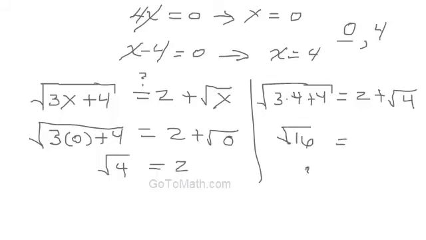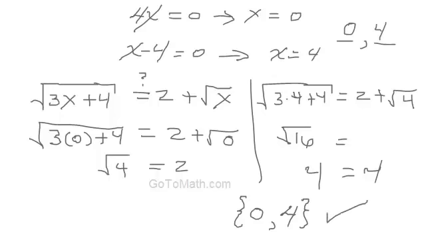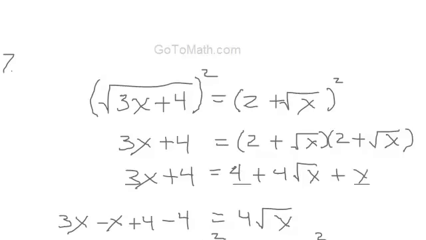And that's going to be 4, isn't it? And of course that's 4. So it looks like that one works out. So our solution set is 0 and 4. Solution set for our original equation, which that really isn't it, but you remember what it was. Okay.